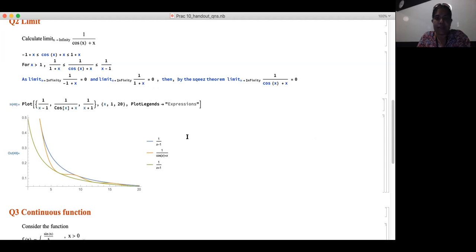Is there any question regarding this part? Actually, you don't need to draw anything, but just proving like this should be okay. I have drawn it here just to make sure that you understand what's going on.